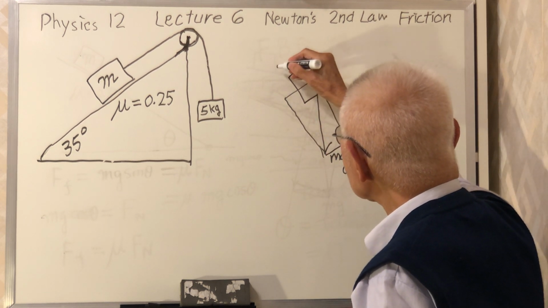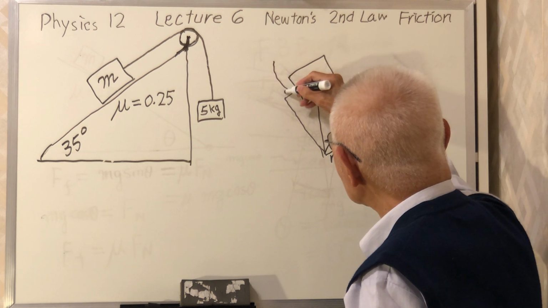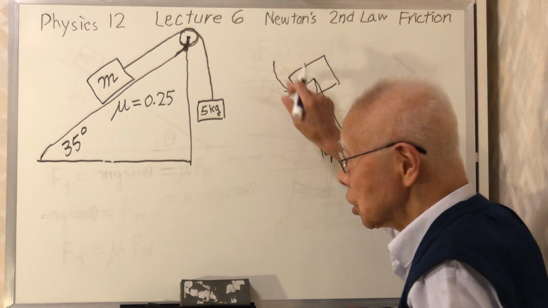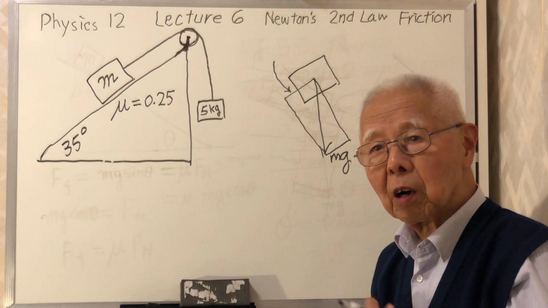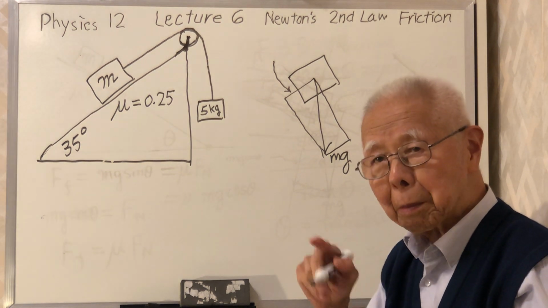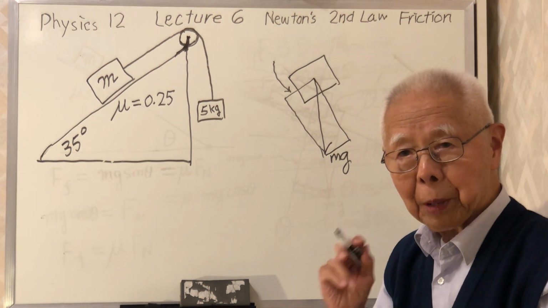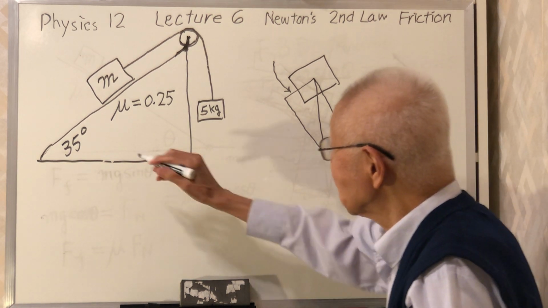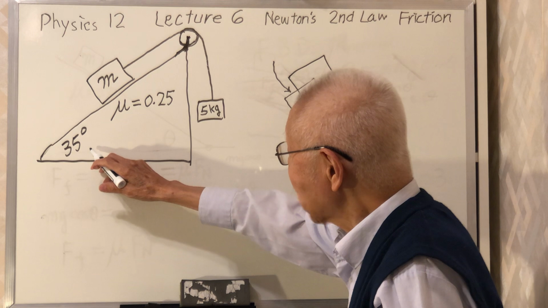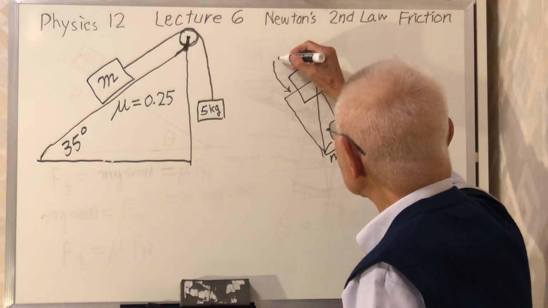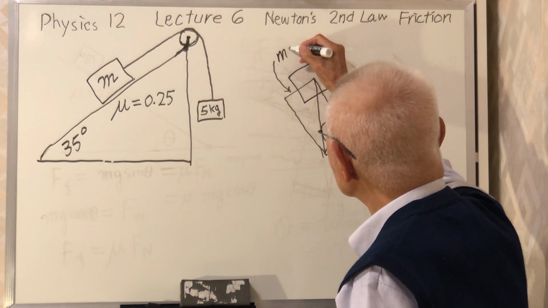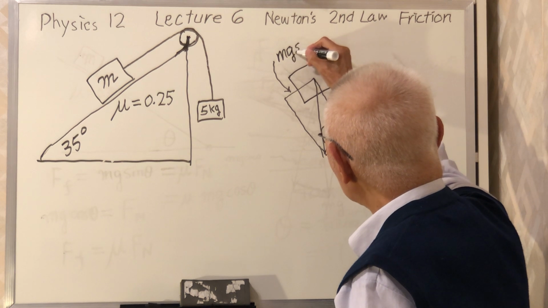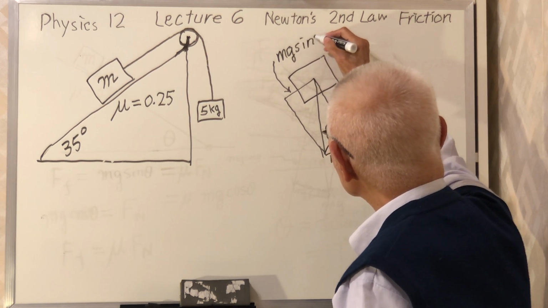So this is a component parallel to the inclined plane. Remember in the last example, the parallel component is sine theta. The theta now is 35. So this is mg sine 35.